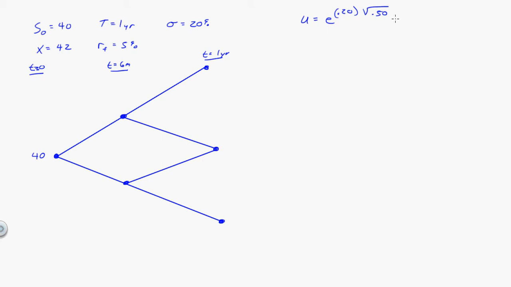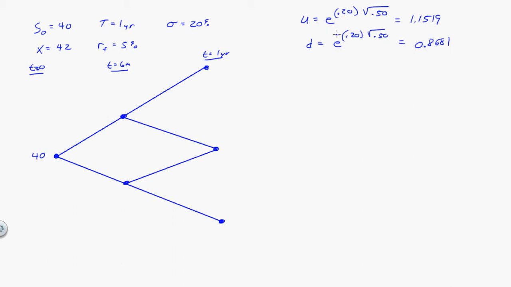Okay, so u is going to be equal to, and I've worked this out in Excel, there are going to be some rounding problems if you use exactly what I have here, but you should get it close enough. And d is equal to e to the negative 0.2 times square root of 0.5, which is equal to 0.8681. Well, I want you to recognize here, if the volatility were greater, what would happen?